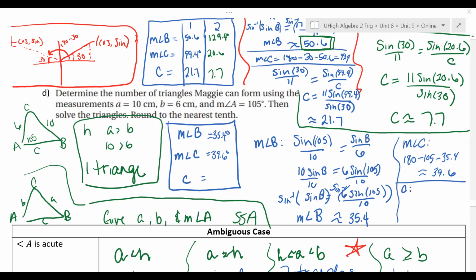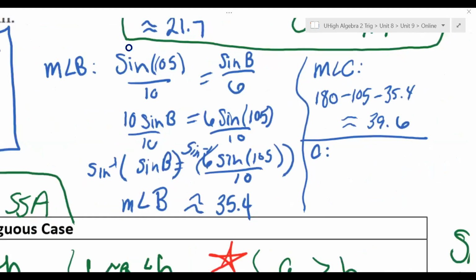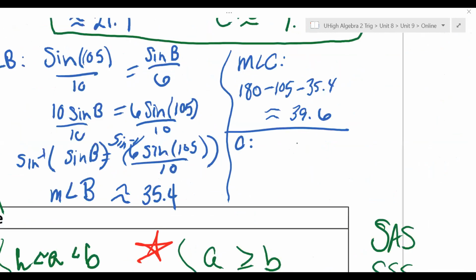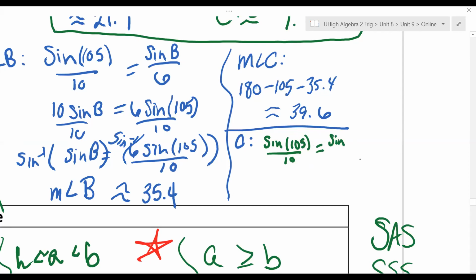Again, I can just use my law of sines. I'm going to zoom in a little bit so we have a little bit more room here. The sine of 105 over 10 equals the sine of 39.6 over c.